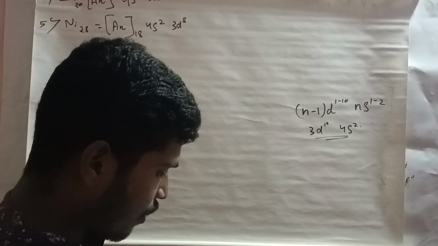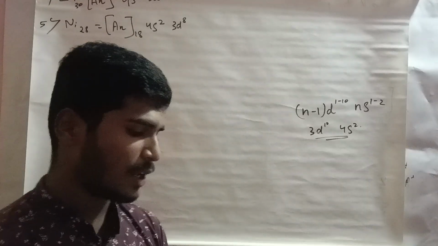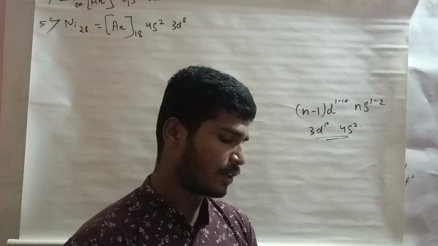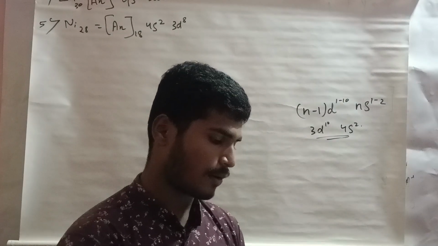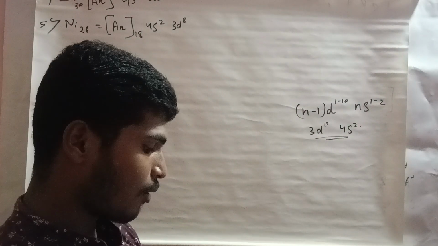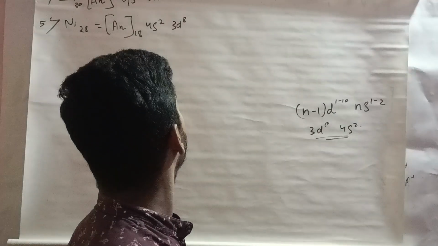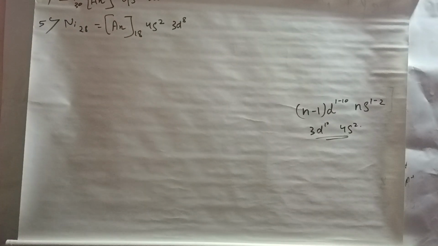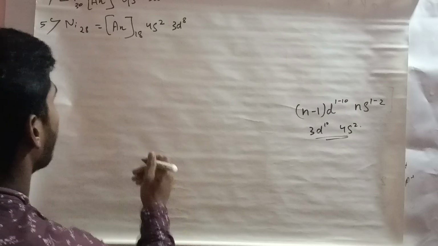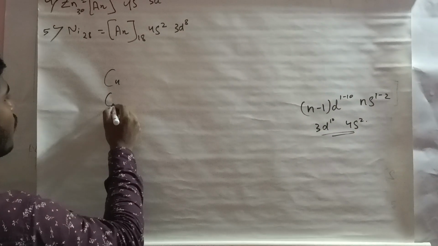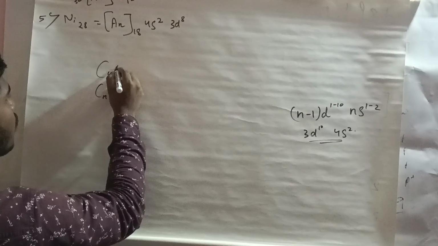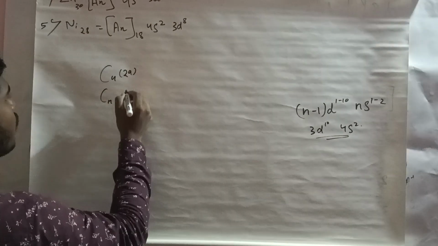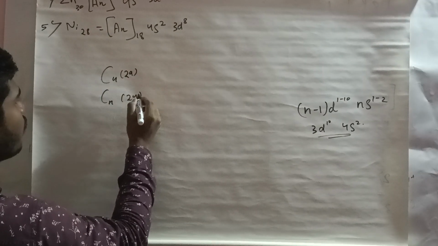Now the question is, why is exceptional electronic configuration found in the case of chromium and copper? Copper's atomic number is 29, and chromium's is 24.